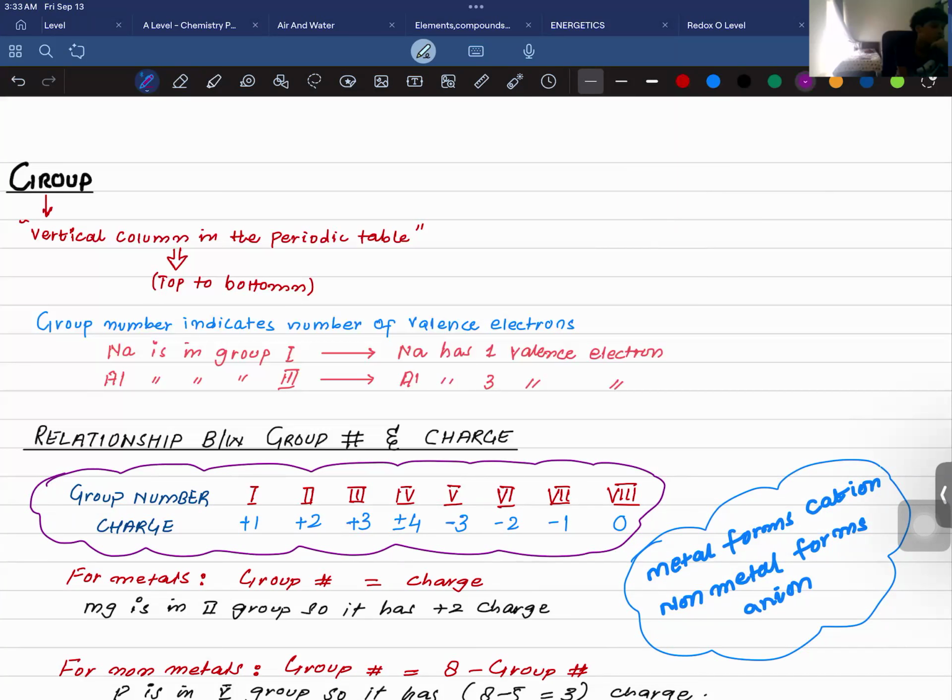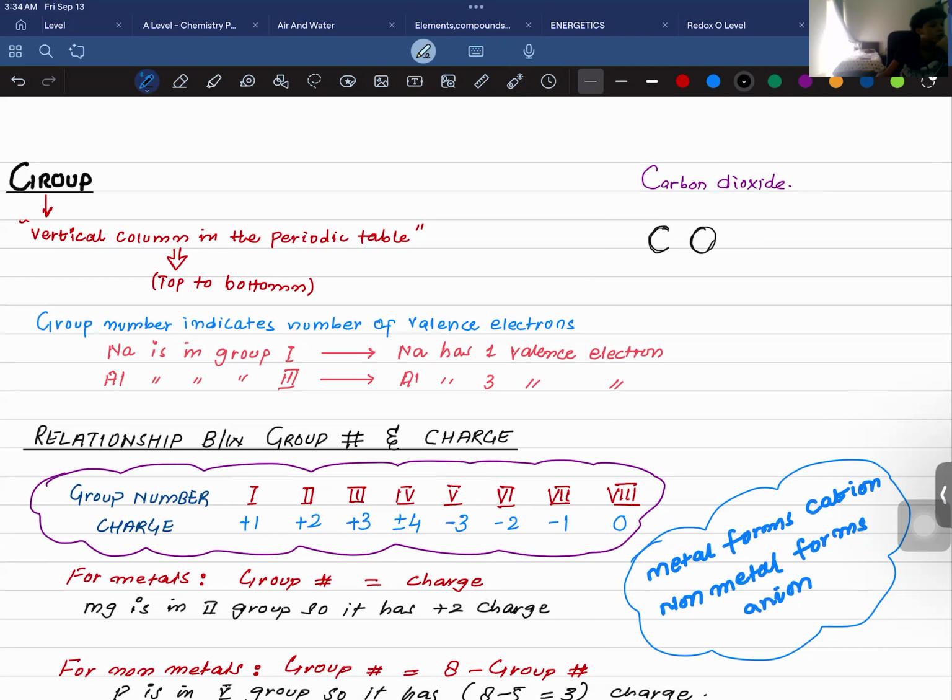Okay, this is the last one. Carbon dioxide. Carbon is in group 4, and dioxide, oxygen, is in group 6.